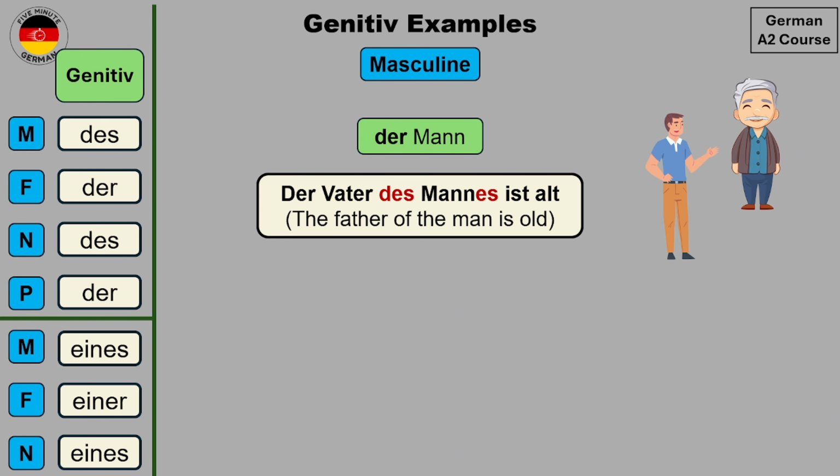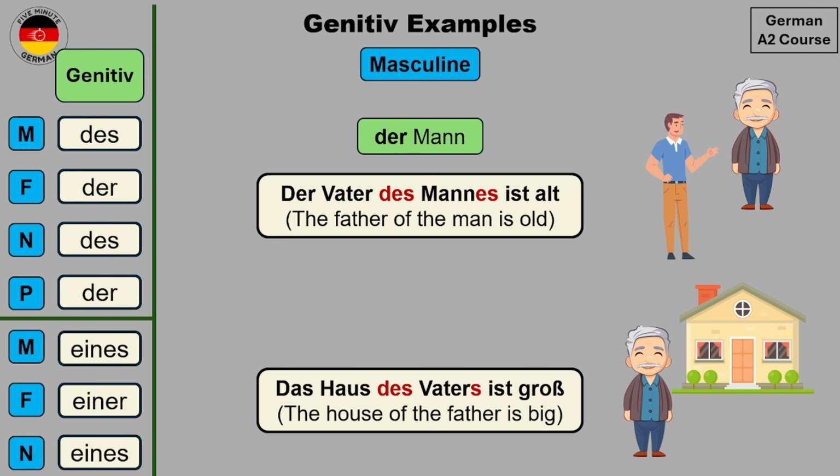And you see how the article des shows the belonging of the father to the man in this sentence. Now let's take a look at another example. So I have the sentence, Das Haus des Vaters ist groß. The house of the father is big. Now you see that Vater is der Vater. That's why I have used the article des over here, which is the genitive bestimmte article for masculine nouns. And also you see that the article des shows the belonging or possession of the house to the father.